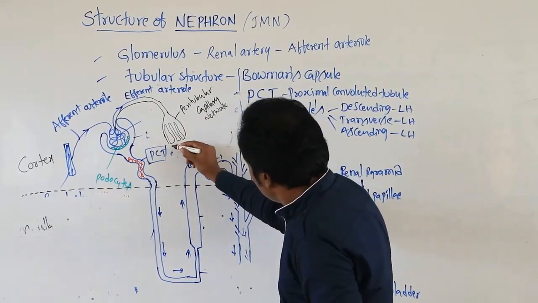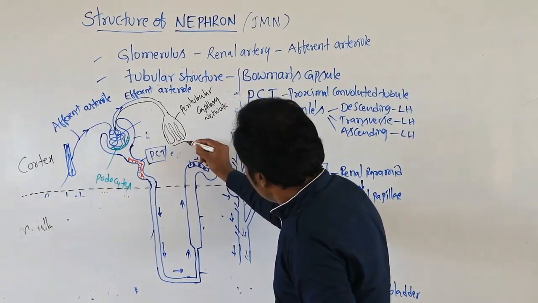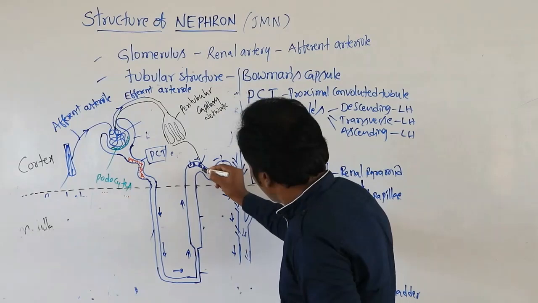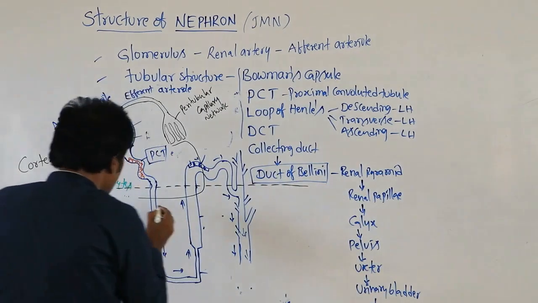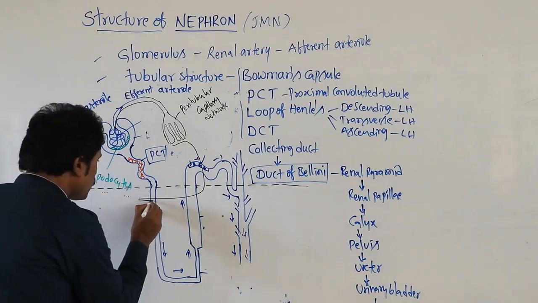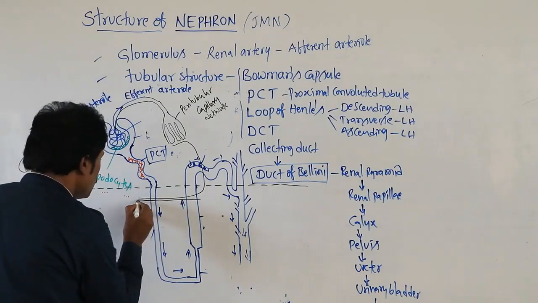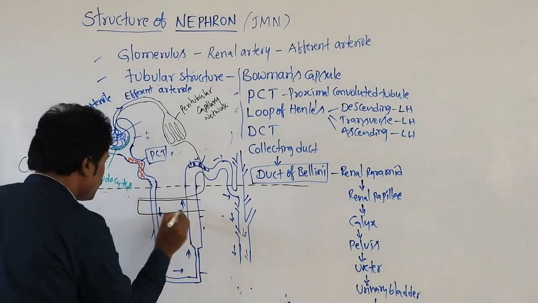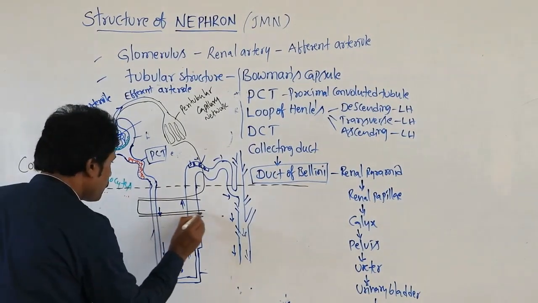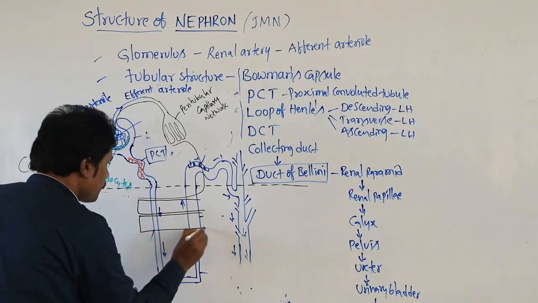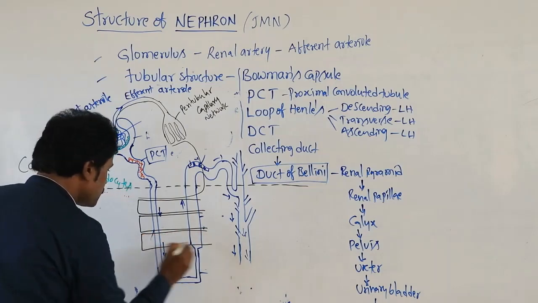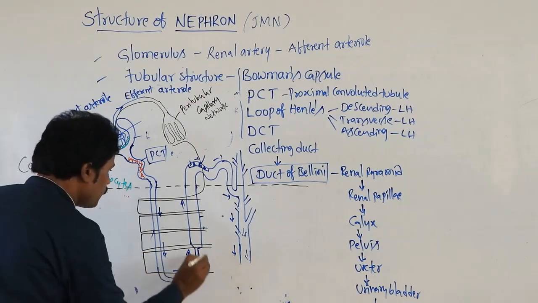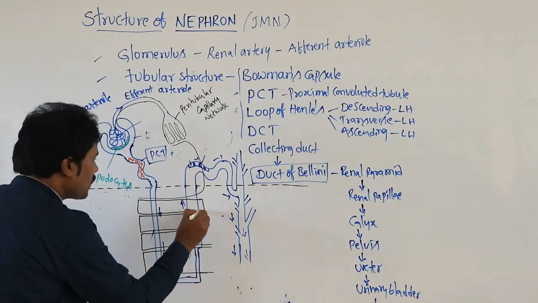It will surround the loop of Henle. It forms all along with the loop of Henle. It covers all along the loop of Henle.